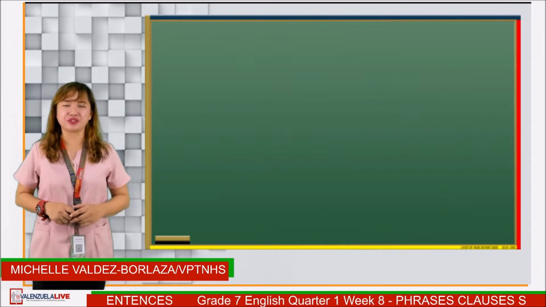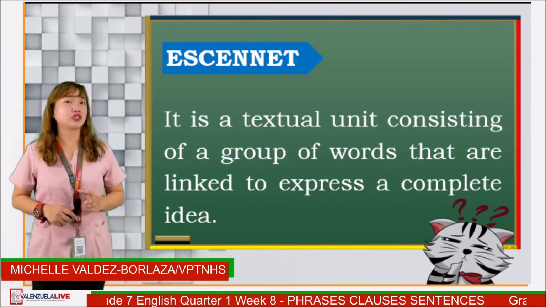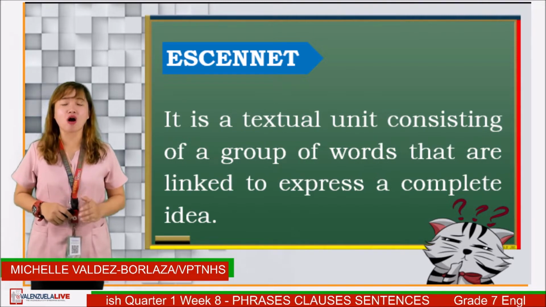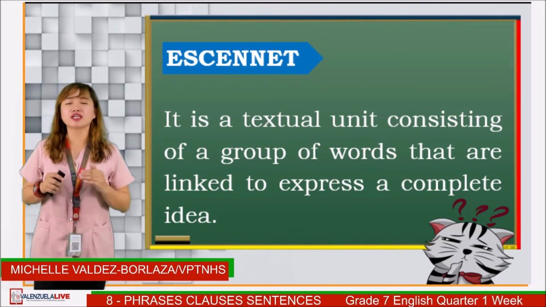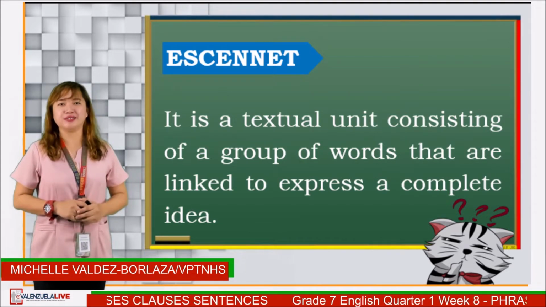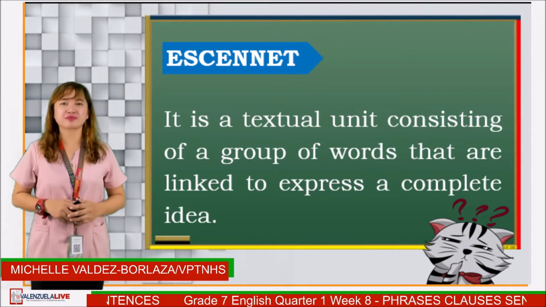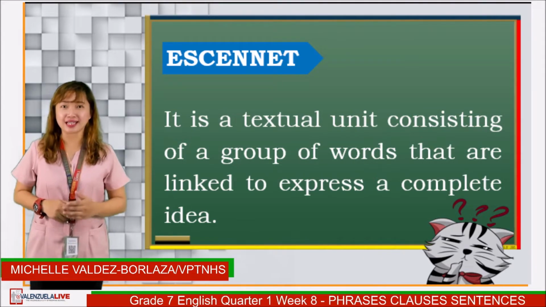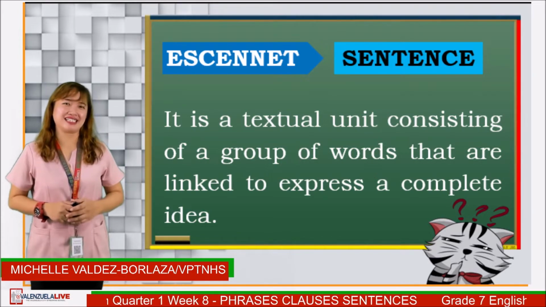Let's have the first one. It is a textual unit consisting of a group of words that are linked to express a complete idea. What is your answer? First, it is very good. It's a sentence.